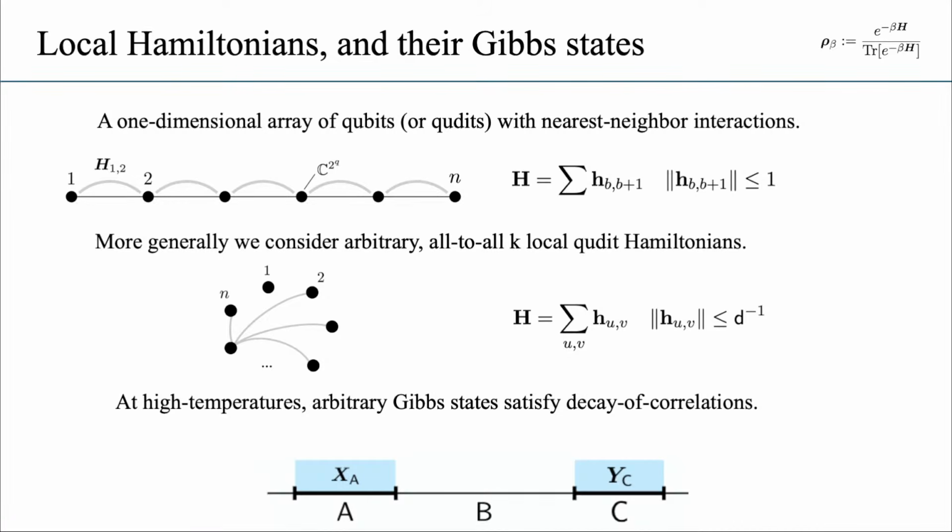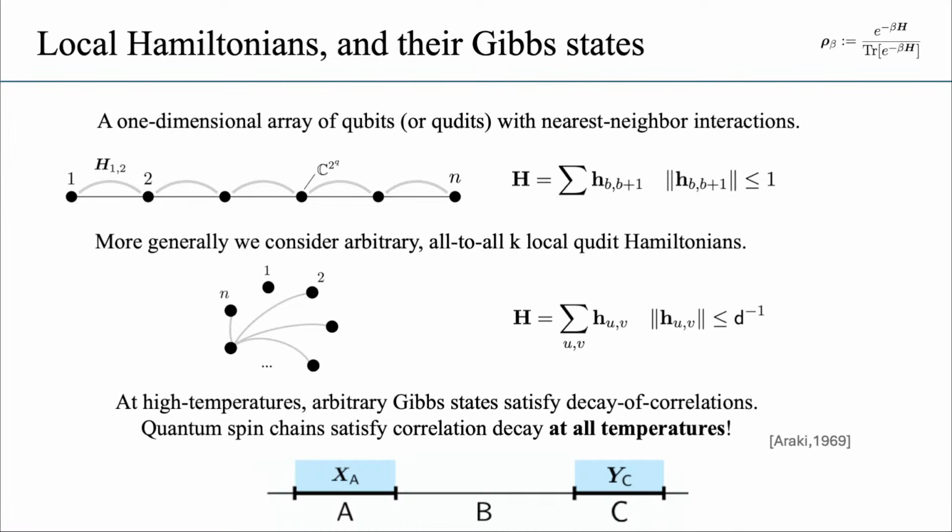So this is captured by decay of correlation properties. What's rather remarkable about 1D systems, and why I isolated them at the top, is you actually have this decay of correlation property at all temperatures. So this was originally proven in 1969 by Araki, and the mechanism for which I'll comment more on shortly. Are there any questions about the setup?